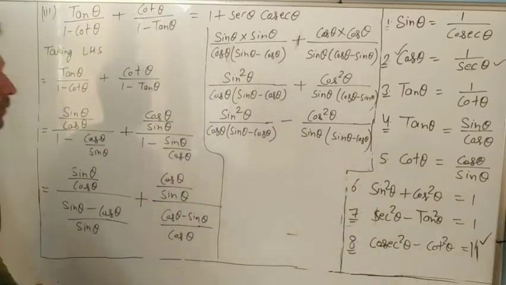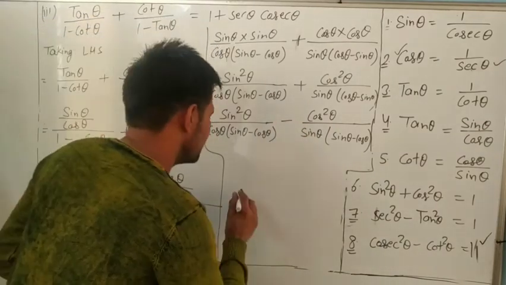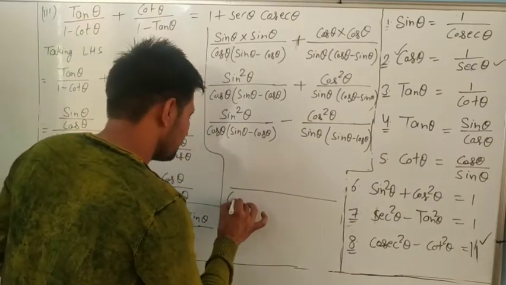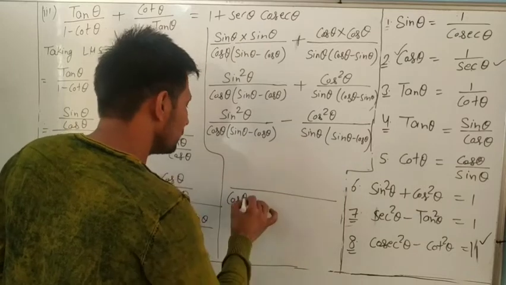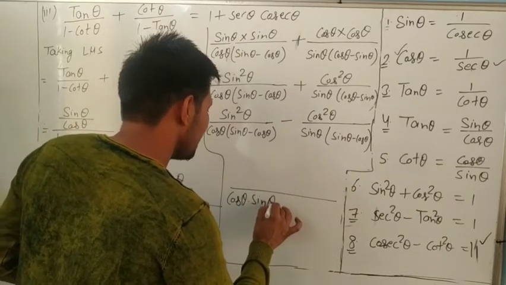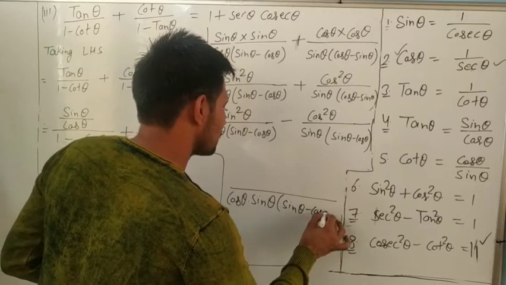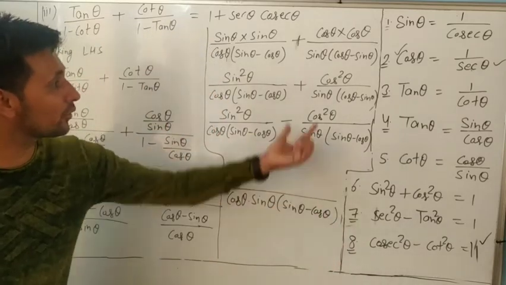Why did we do this? Because now the LCM is cos theta into sin theta, and only sin theta minus cos theta, because now there is no need to write both of them.